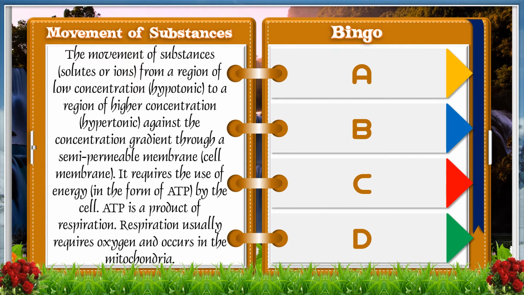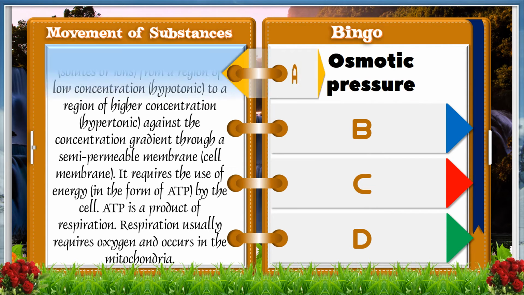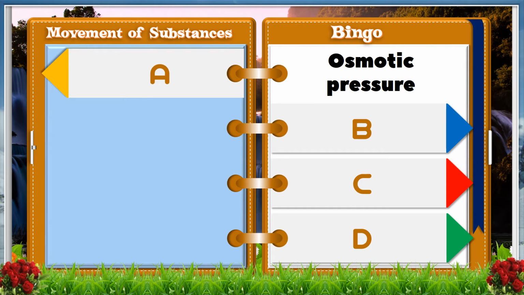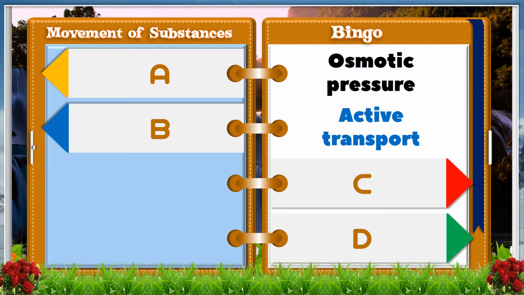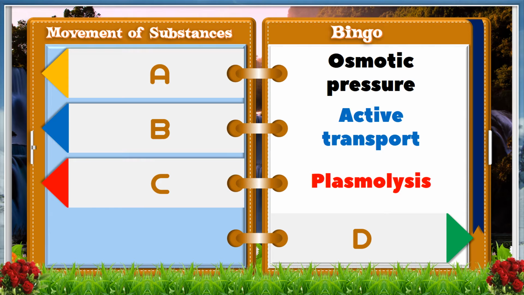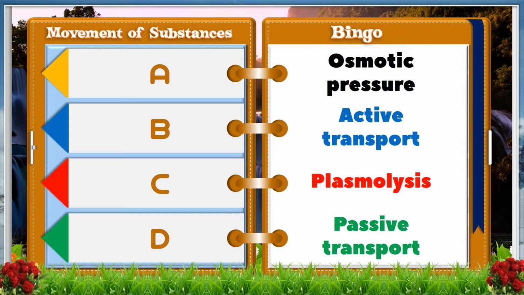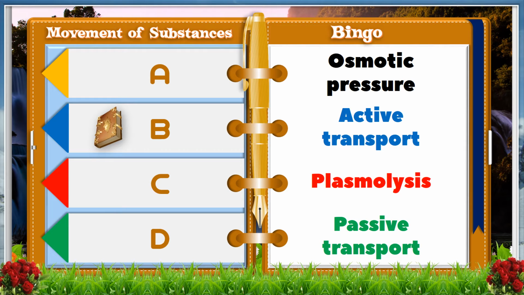Respiration usually requires oxygen and occurs in the mitochondria. A. Osmotic pressure. B. Active transport. C. Plasmolysis. D. Passive transport. And the answer is B. Active transport.